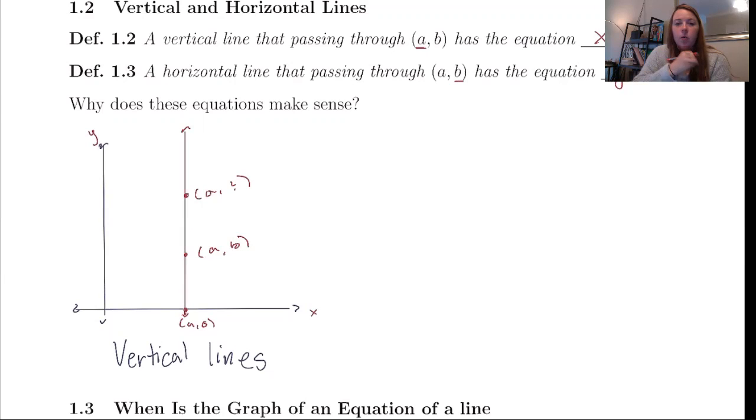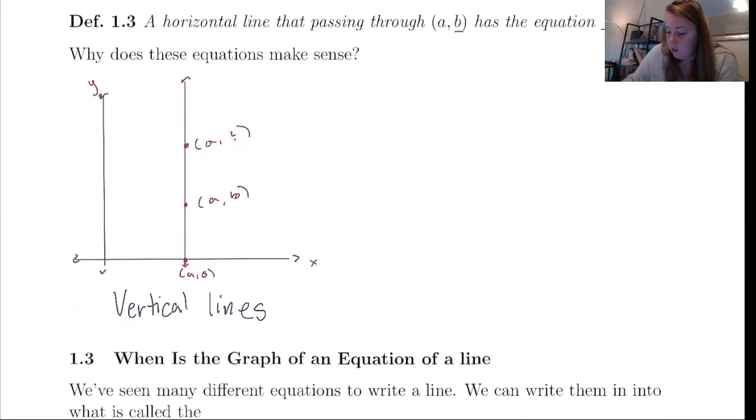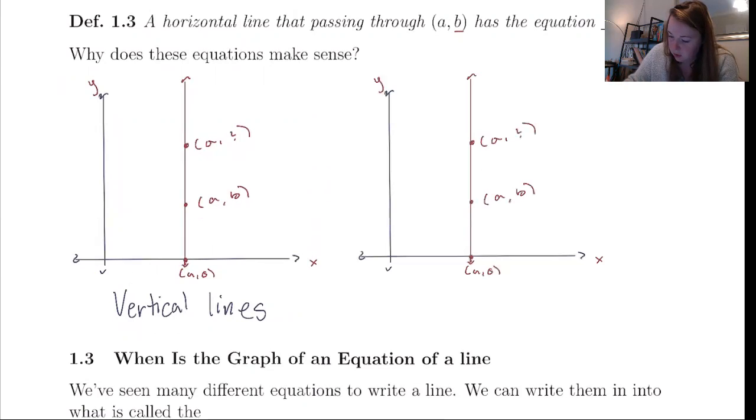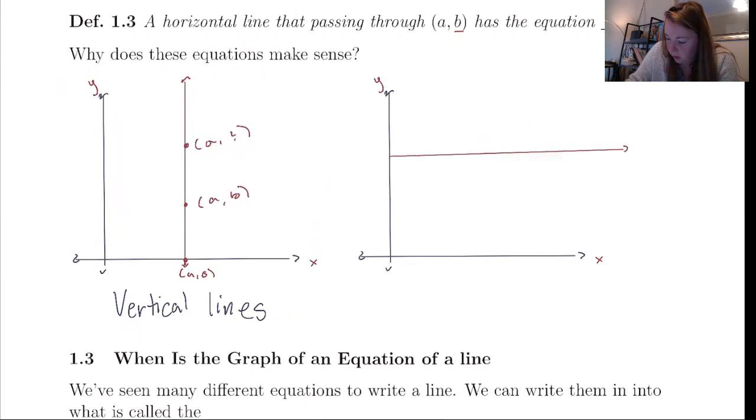So the way that I like to remember it is because, well, x equals a. We usually know if we talk about horizontal lines that we talk about y equals mx plus b, and m is our slope. Well, this one is this horizontal line.